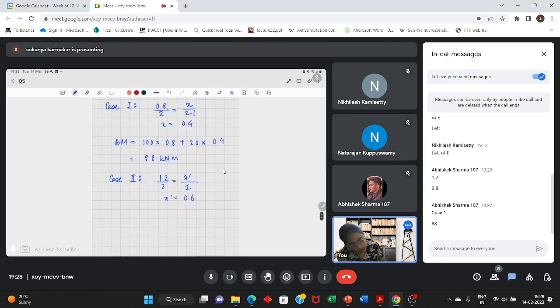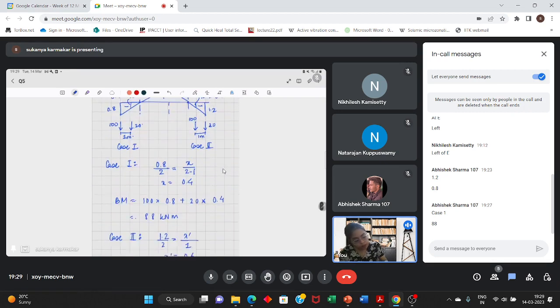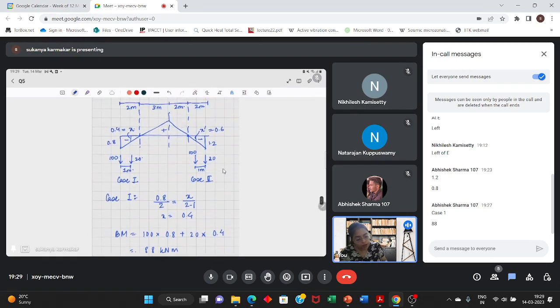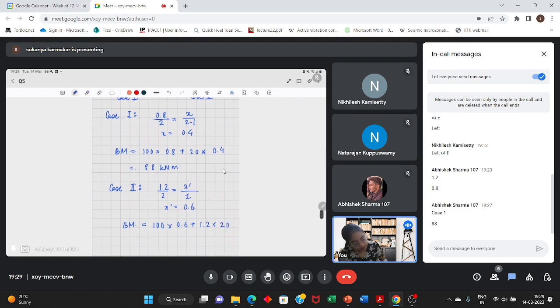So here bending moment is equal to 100 into 0.6 plus 1.2. The ordinate is 1.2 and the load is 20. This you get to be 84 kilonewton meter.